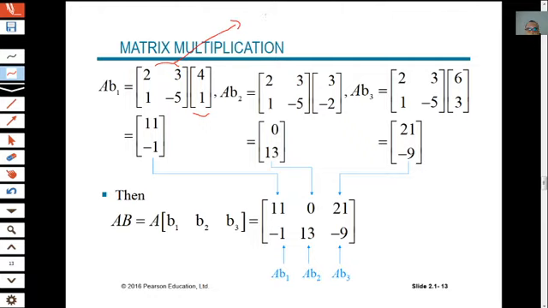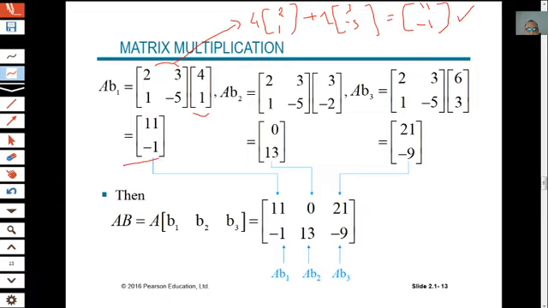Let's check. The first column of the matrix A, namely 2 1, times 4, the first entry, plus 3 minus 5 times 1. So it is equal to 8 plus 3 becomes 11, 4 minus 5 becomes minus 1.